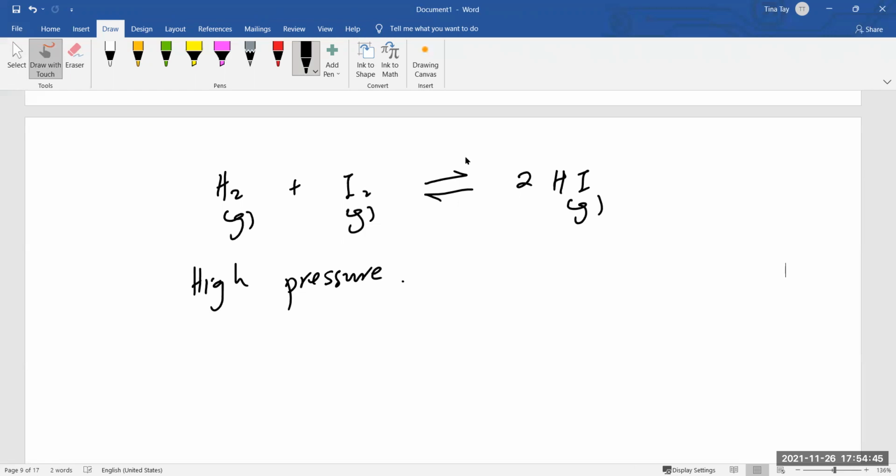Same. Both also 2 moles, and then it's always in equilibrium. No change. Very good. Okay, high pressure or pressure, no change. It does not change the equilibrium.